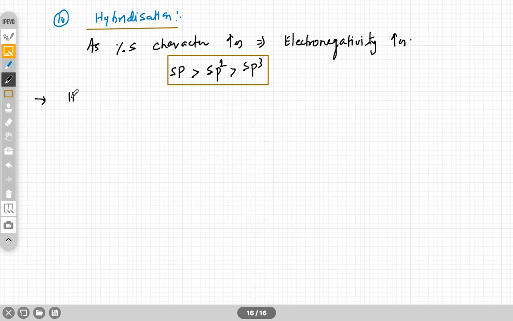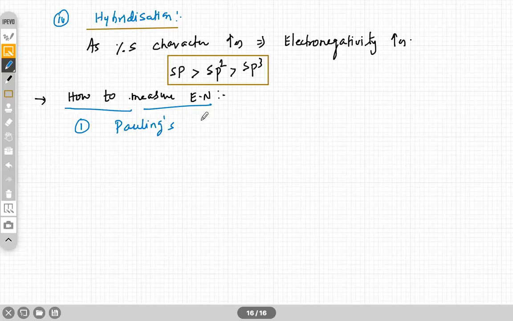So how to measure electronegativity? Like I said, hardly will they ask you this question. But we'll see the two formulas we have here to measure electronegativity. The first one is Pauling's scale.